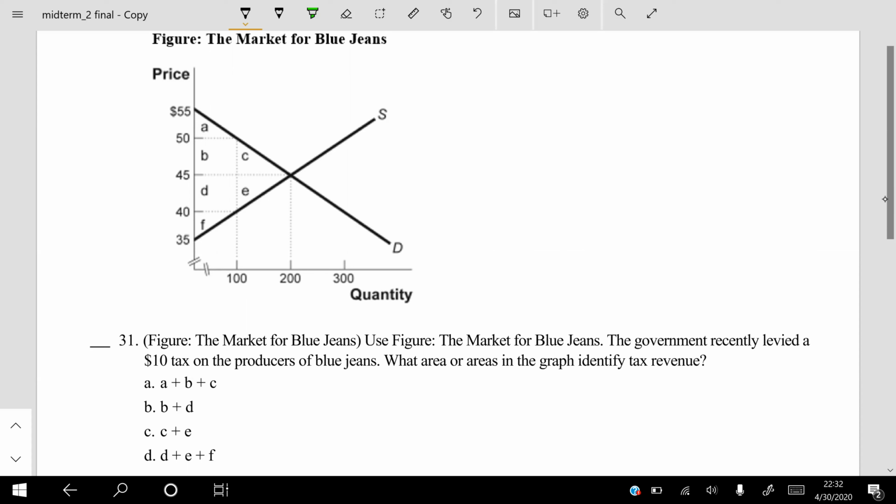Levied a $10 tax. And I want to see which part of the graph.